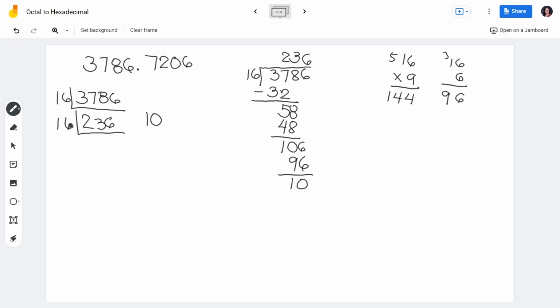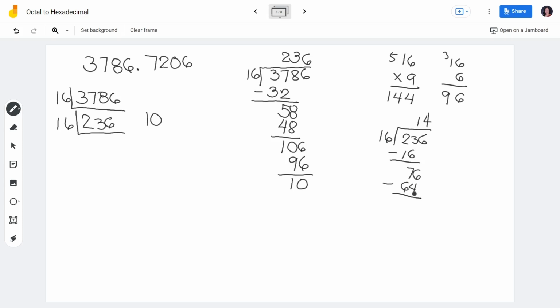Then divided by 16, 236 divided by 16. 1 times 16 is 16, of course. 23 minus 16 is 7. And then we have 76. 76 divided by 16 is 4. 4 times 16 is 64.